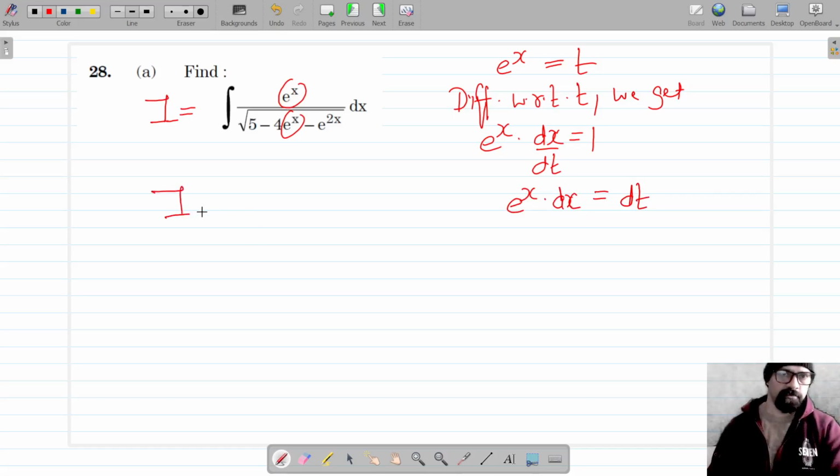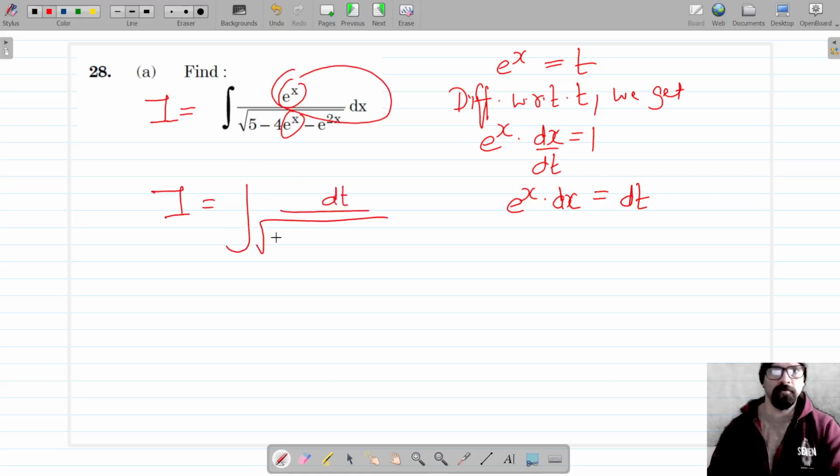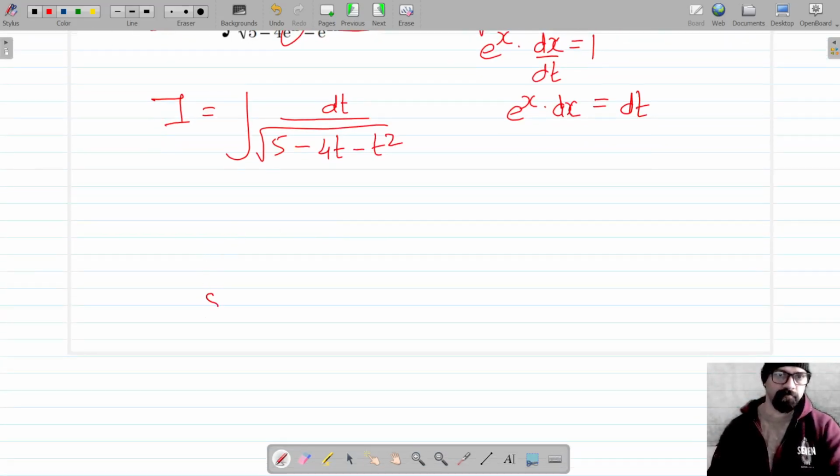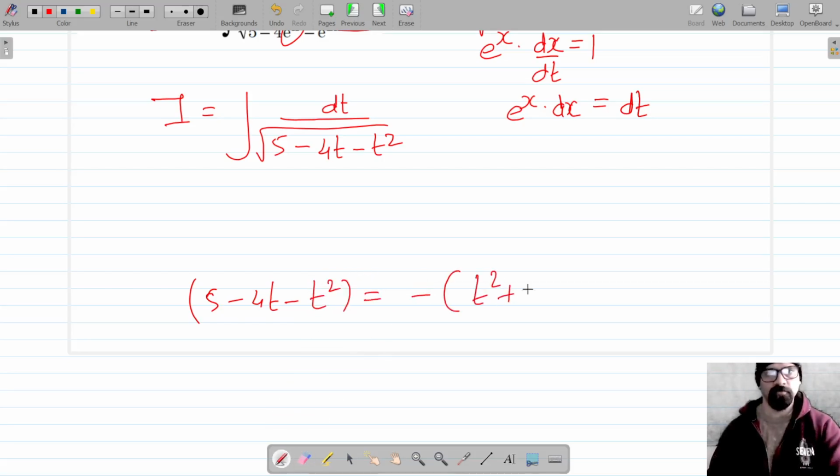So making the substitution, I is equal to the integral of dt over under root 5 minus 4 e raised to x, which is t, minus e raised to 2x, which is t squared. Now for 5 minus 4t minus t squared, let's complete the square. This is equal to negative of t squared plus 4t minus 5.